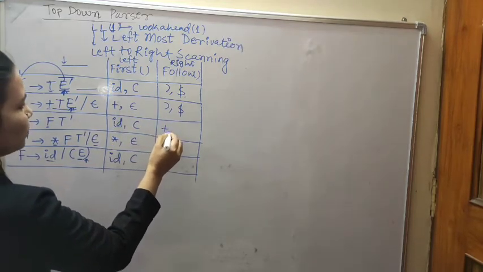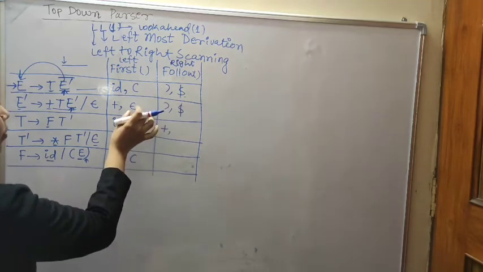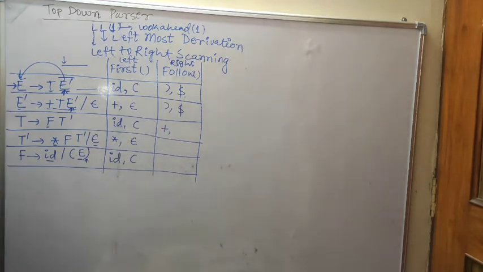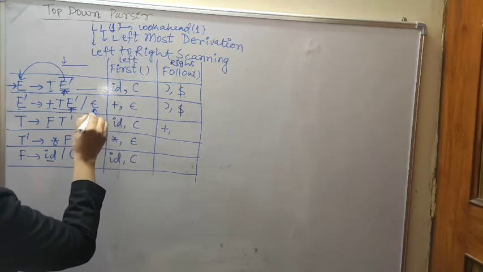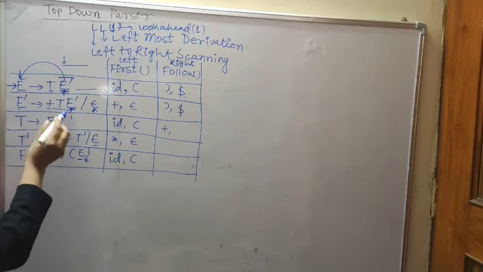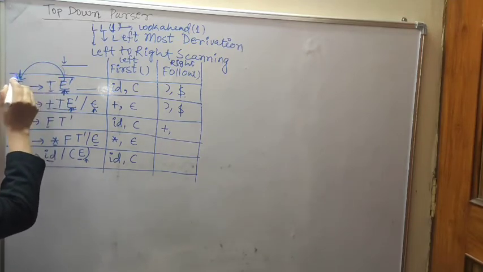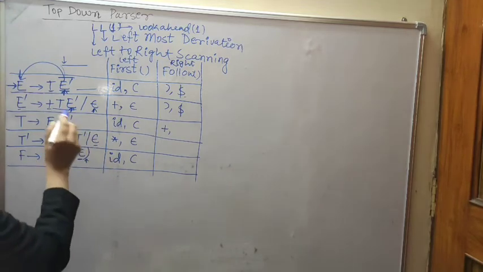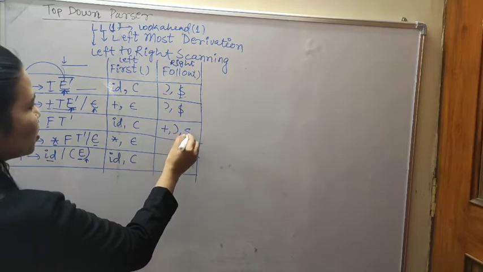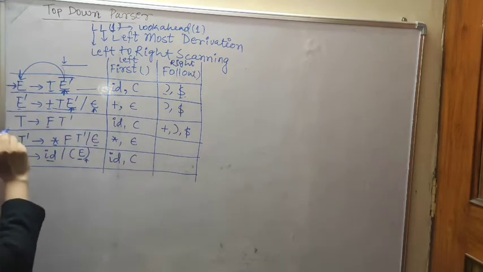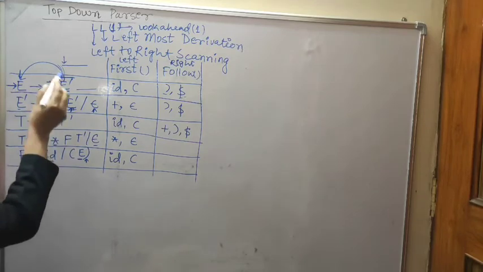We write plus, but we cannot write epsilon, because epsilon is not accepted in follow functions. So for the epsilon place, we take the follow of E. Follow of E is close braces and dollar, because E dash is at the ending.